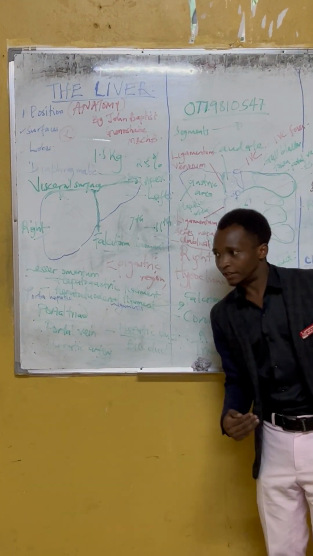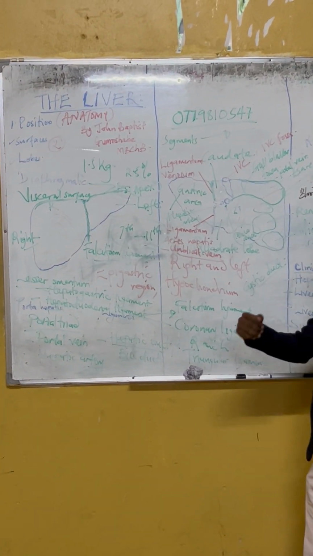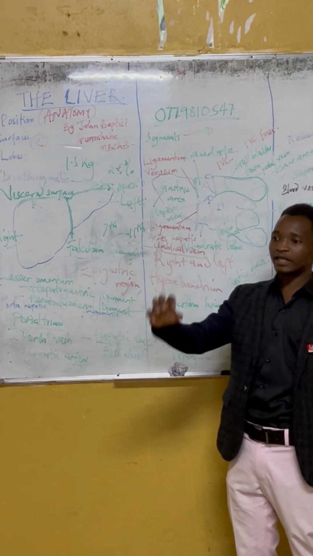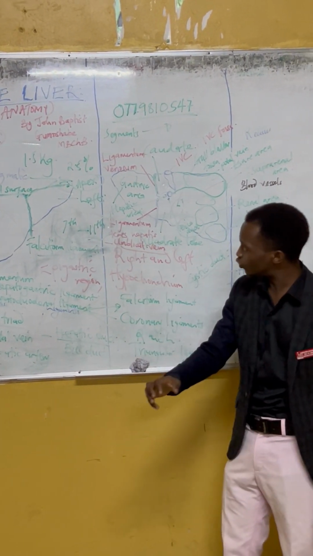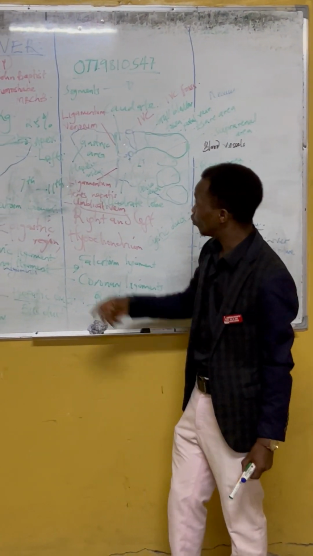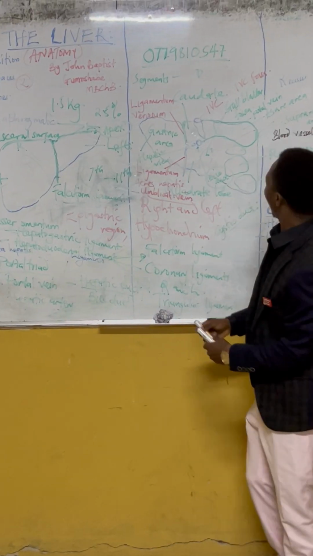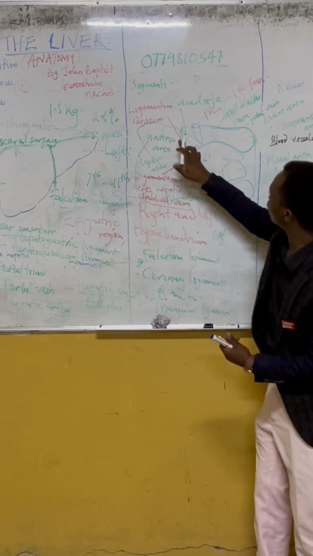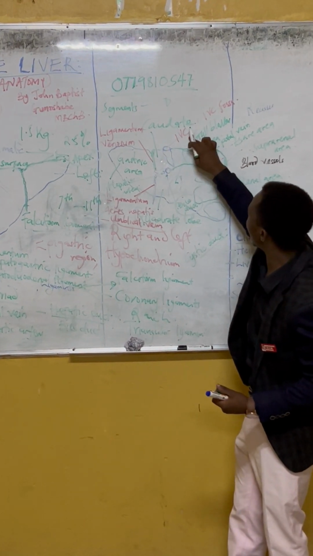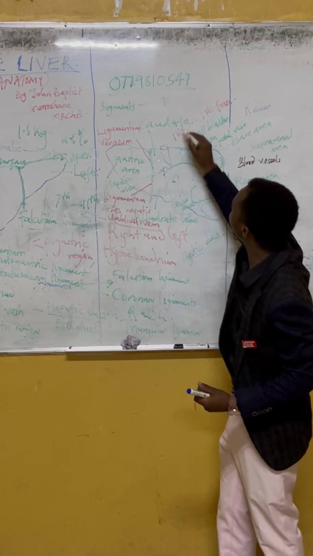Then anatomically, we say that the liver has 4 lobes. We have the right lobe and the left lobe, the right lobe being the largest lobe, and the left lobe being the smallest with an apex. Then between the ligamentum venosum and the inferior vena cava, the fossa of the inferior vena cava, we have what we call the caudate lobe.